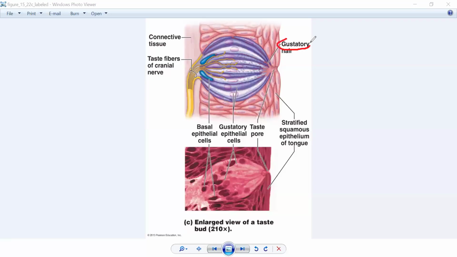Gustation means taste, and they have extensions called gustatory hairs. Because friction occurs in the mouth, these are constantly being broken down and regenerated. So you're constantly regenerating these gustatory hairs. And the pore is just an opening to allow chemicals to enter to stimulate the gustatory receptors.